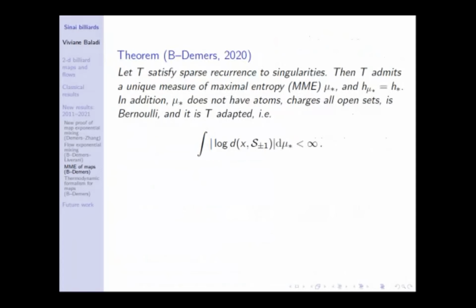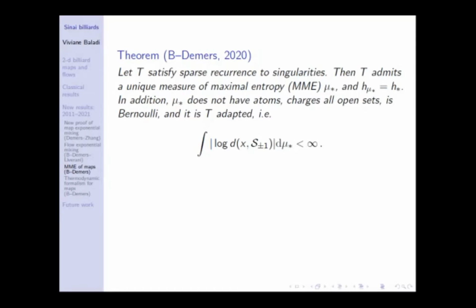Okay, now I told you the assumption. What is the theorem? The theorem is that once you make this assumption, you have a measure of maximal entropy. Not only do you have a measure of maximal entropy, but it's unique. Its Kolmogorov entropy is exactly this topological number which I introduced. And this measure is rather well behaved. It doesn't have atoms. It has full support, it charges all open sets.